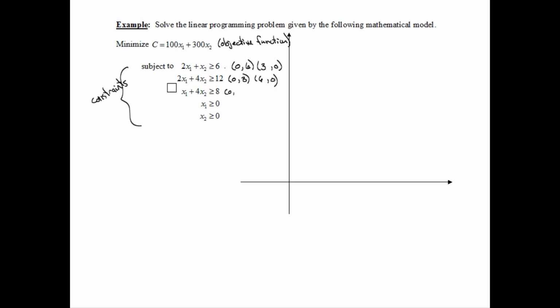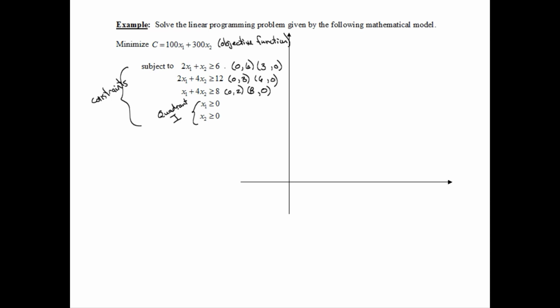For the last one, if we set our first x1 equal to 0, then x2 is 2. And then if we set our x2 equal to 0, then our x1 is going to be 8. These are what we call our non-negative constraints, and these are going to put us into quadrant 1.